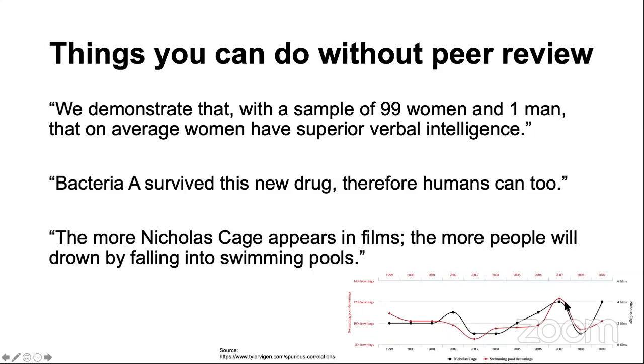And we see that there is considerable overlap of these two curves. So we can almost make the statement that the more Nicolas Cage appears in films, the more people will drown by falling into swimming pools. And simply by looking at this sentence, you will see it is incredibly ridiculous. So this is a way of just hunting for correlations and making nonsensical conclusions.